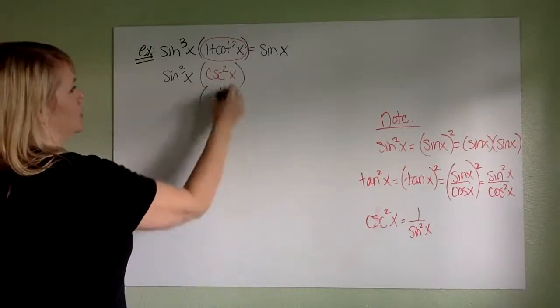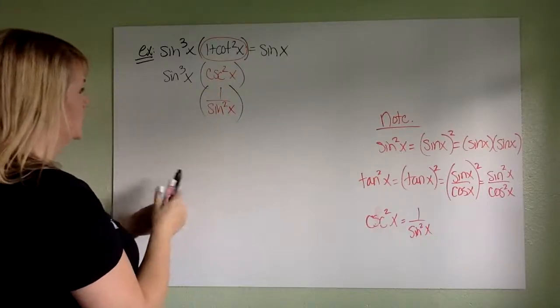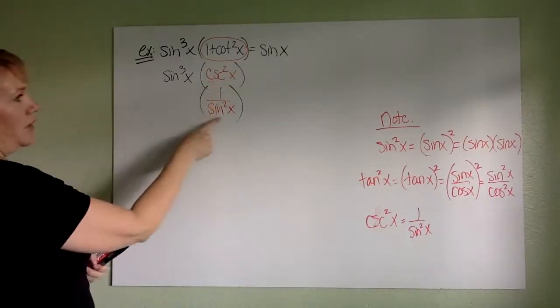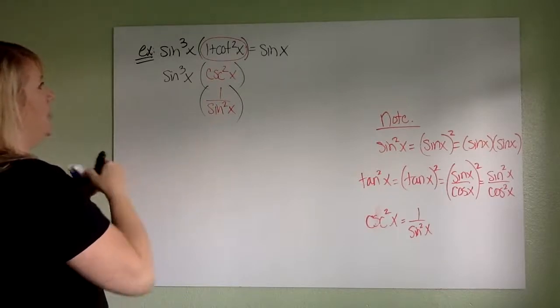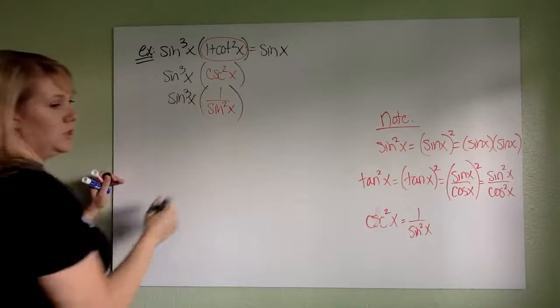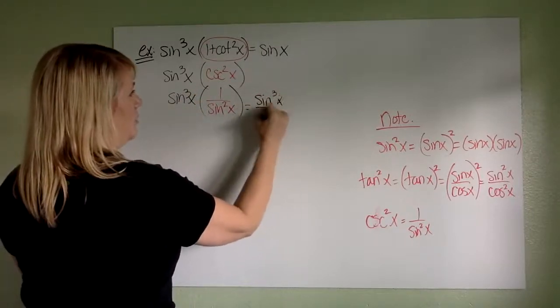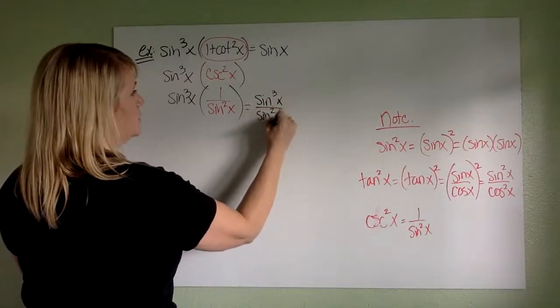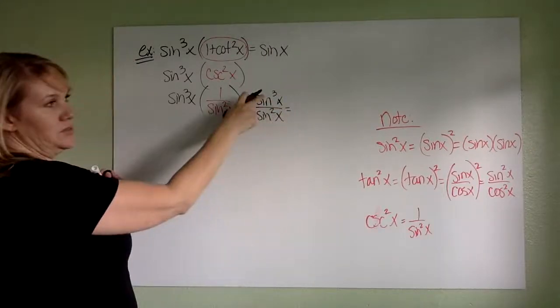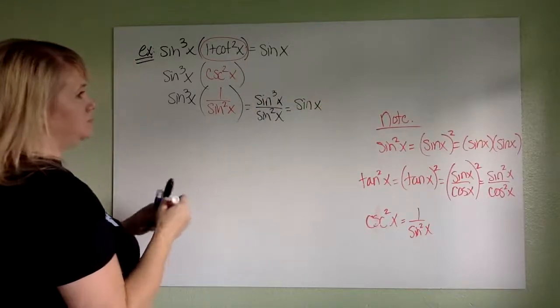I can use the reciprocal identity to change the cosecant to 1 over the sine, and since the cosecant is squared, the sine is squared. And then I have that multiplied by the sine cubed. So when I multiply them together, I get the sine to the 3rd power over the sine squared, and these two cancel two of those, and so I'm left with just the sine.